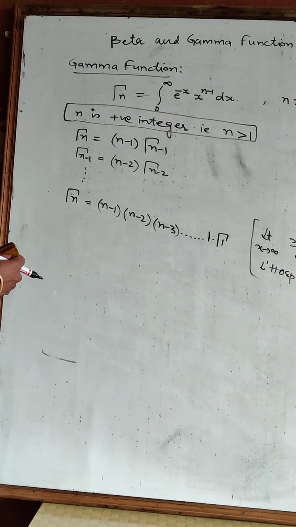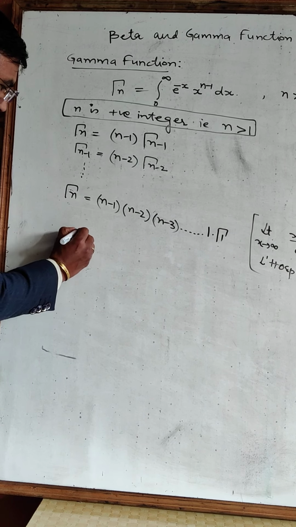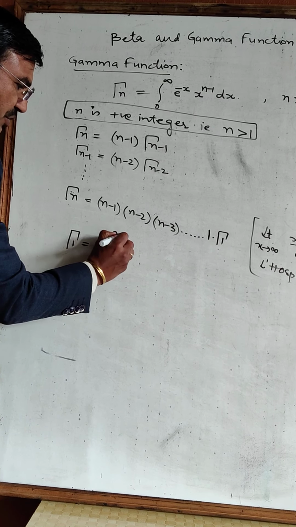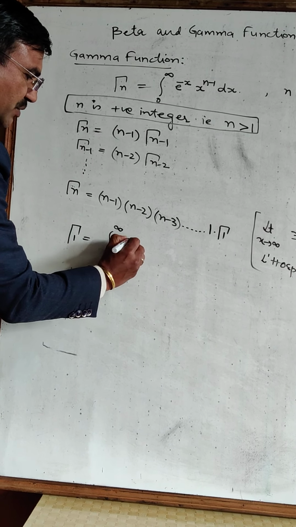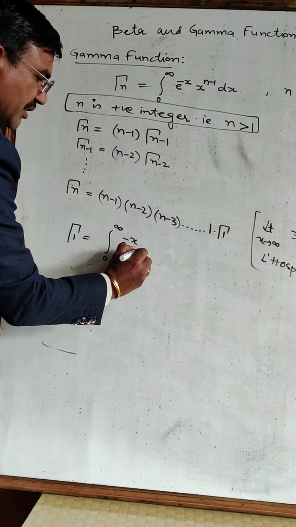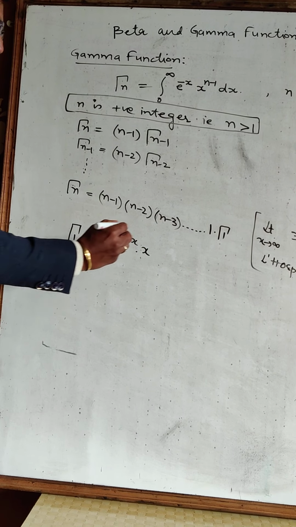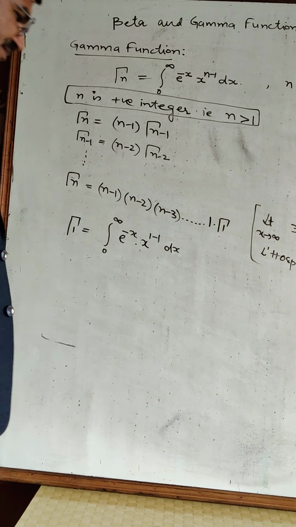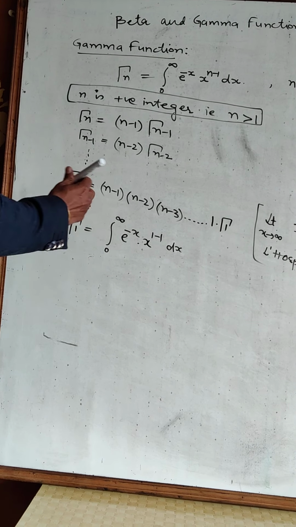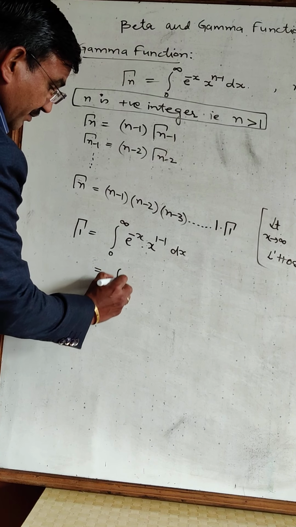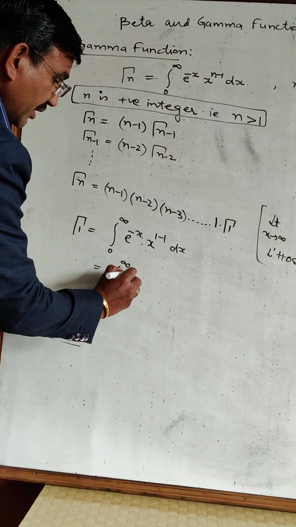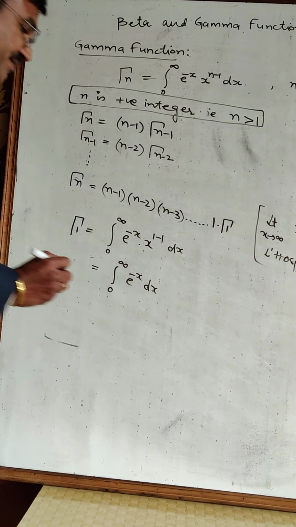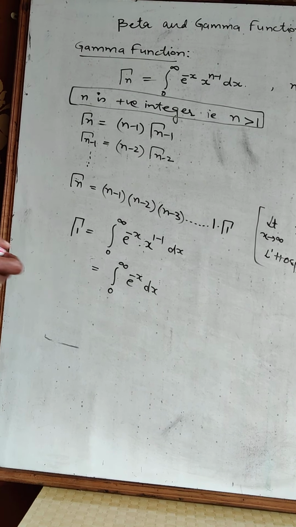What would be gamma 1? Gamma 1 is the integral 0 to infinity e raised to the power minus x into x raised to the power 1 minus 1 into dx. It would be equal to the integral 0 to infinity e raised to the power minus x dx, and we can integrate it easily.